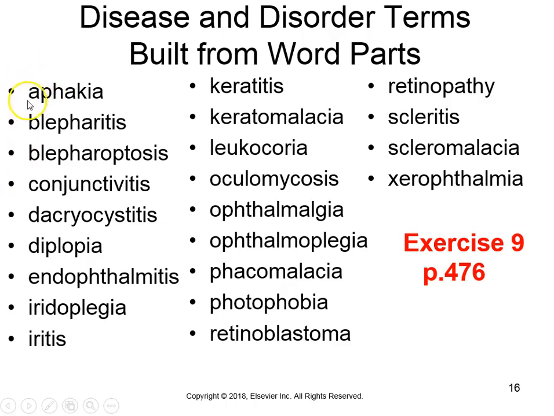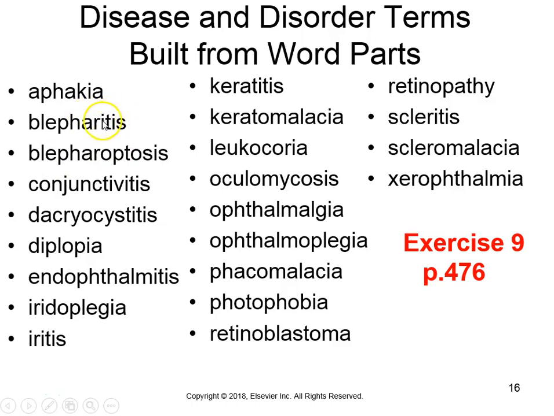A is this prefix meaning without. If we remember, phaco means lens, and then IA means a condition of. So we have a condition of without a lens. That would be most likely a congenital problem that you're born without one. It could also mean that the lens is removed because you have another condition, for example.